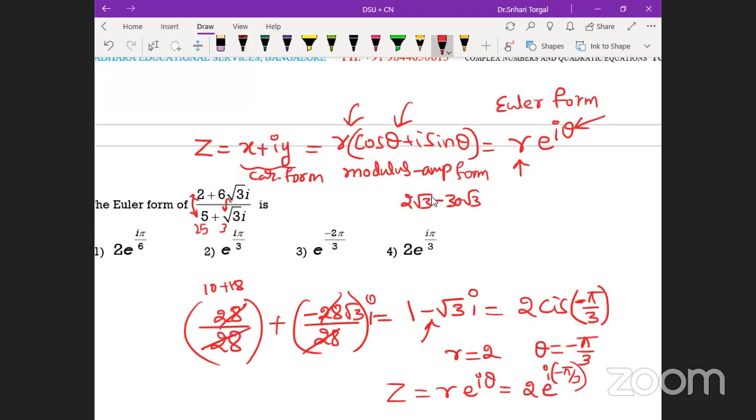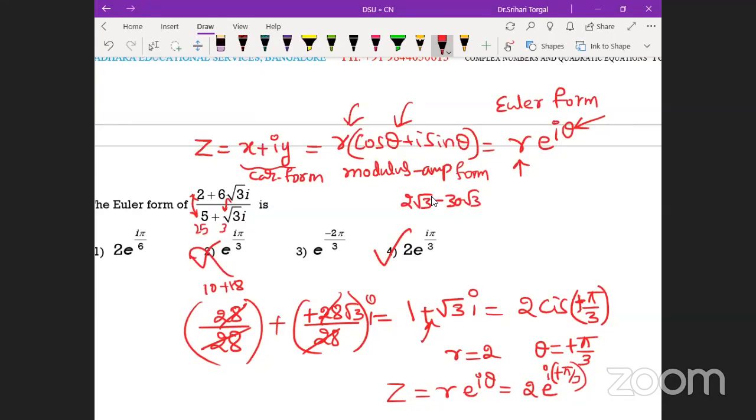What is the answer? I think I have to change the sign, right? This has to be plus. Yeah, correct. Option 4 is the right answer.